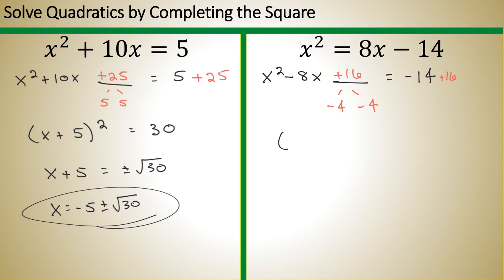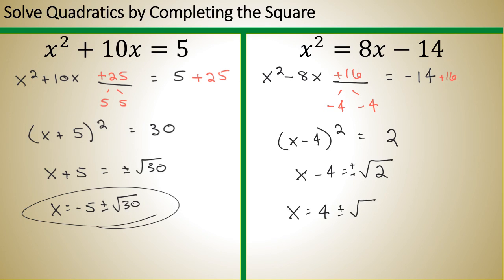Factor the left, that's going to be x minus 4 squared is equal to 2. Take the square root of both sides, and that would be x minus 4 is equal to plus or minus root 2. Okay, and then just add 4 to both sides. So x is equal to 4 plus or minus root 2.